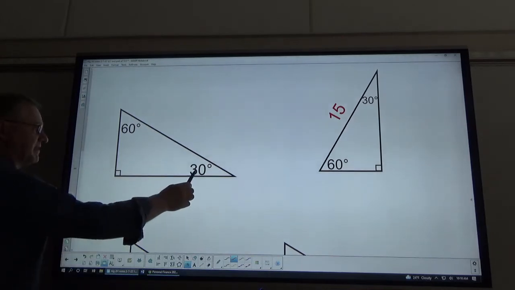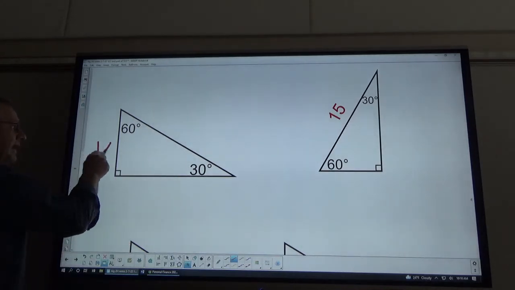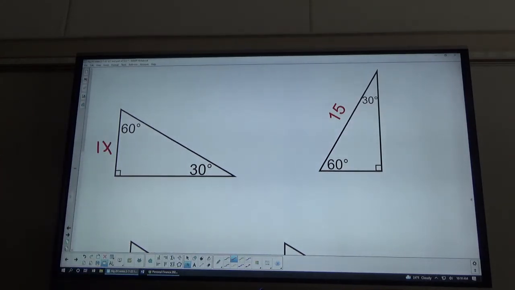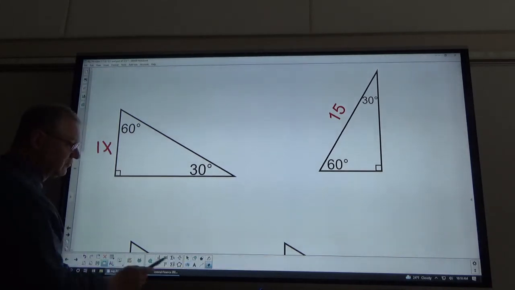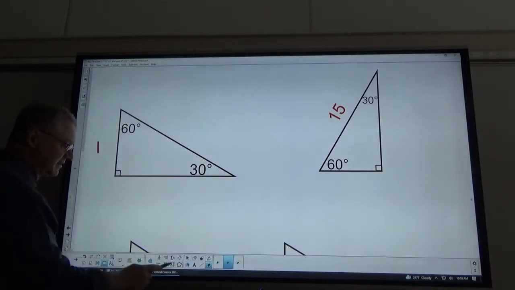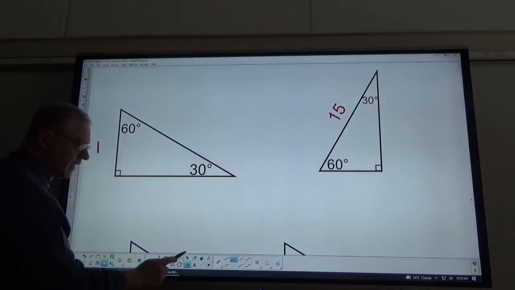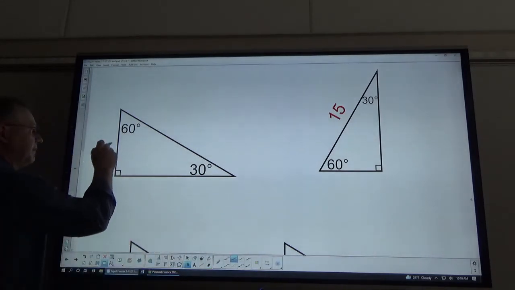The opposite, the 30, is going to be the 1x side. Now, you might use 1w or 1y because sometimes x is used as your variable. So you may want to be careful of using x. You might want to try w in your notes. In fact, I might even do that for these notes. I'll call it the 1w side.